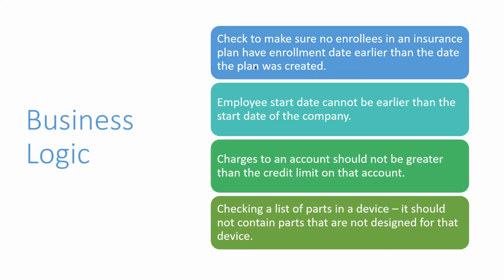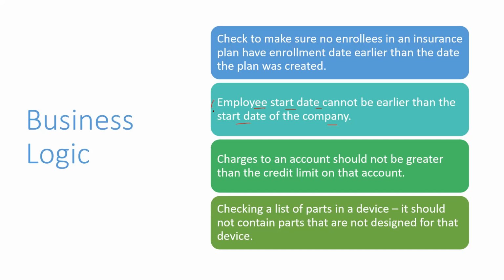So business logic should be implemented in a way that my application, or the product which I am using, does not throw any error. This is an example of what you should not have: an employee start date cannot be earlier than the start date of the company.